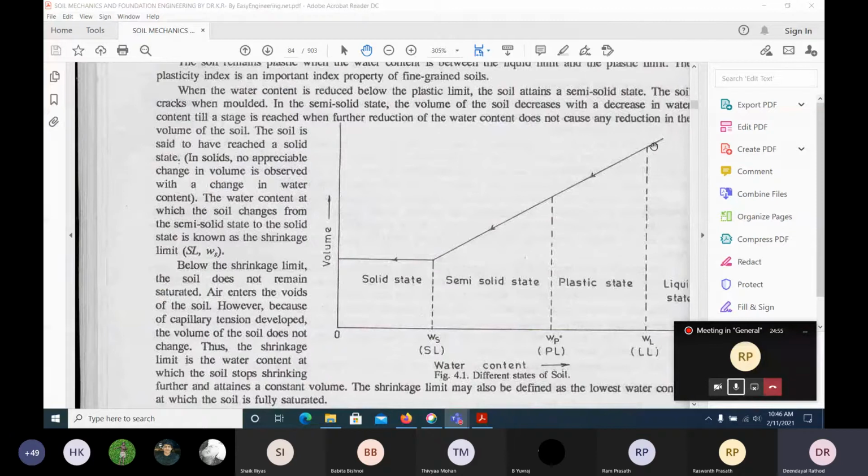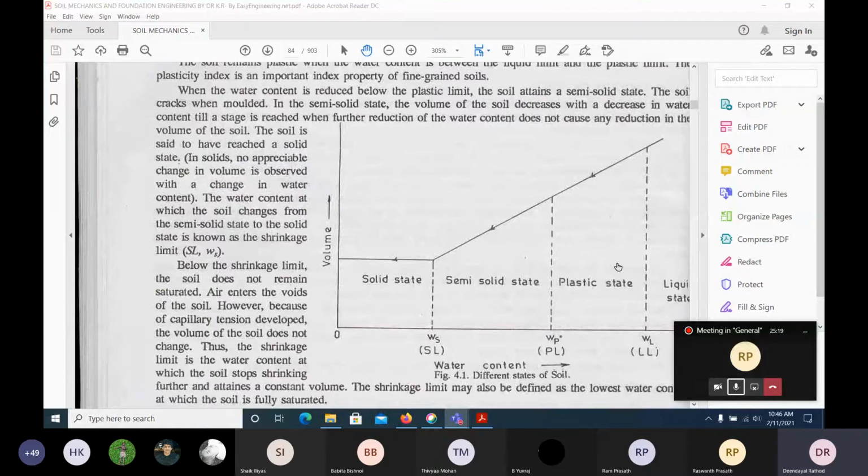We know that if you take a soil and mix it like a slurry, then allow it to stand for one day, the volume will change. Then again you dry it one more day, and it will keep on changing.